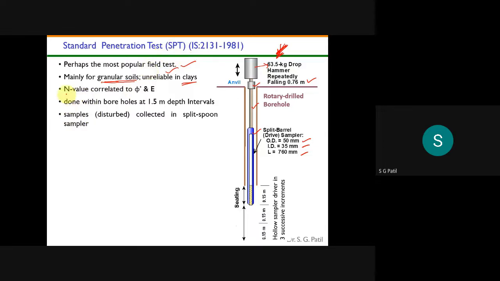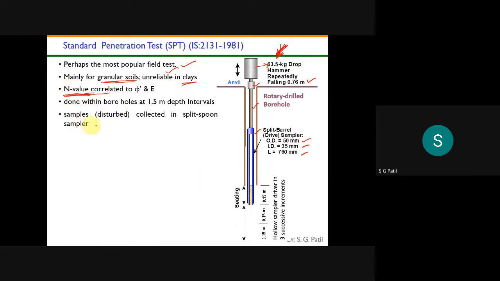We will get an N value. The N value is the number of blows required for the penetration of this sampler inside the ground by 30 centimeter depth. That resistance is given in terms of N value.